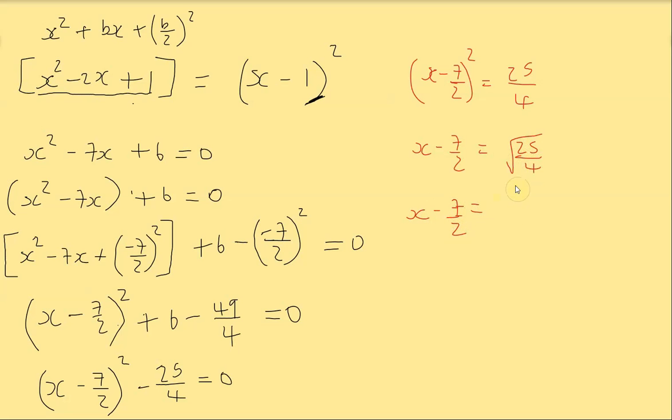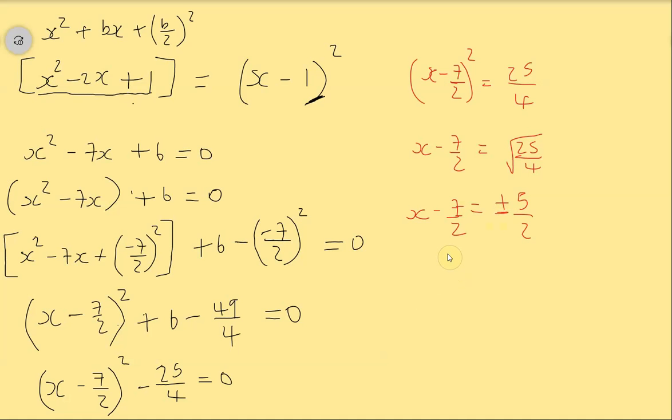Now when you square root a fraction, you should know that that simply means the square root of the numerator over the square root of the denominator. So the square root of 25, which is the numerator, is 5 over the square root of 4. The square root of 4 is 2. Great. So one thing that you should note is the square root of a number can either be positive or negative, right?